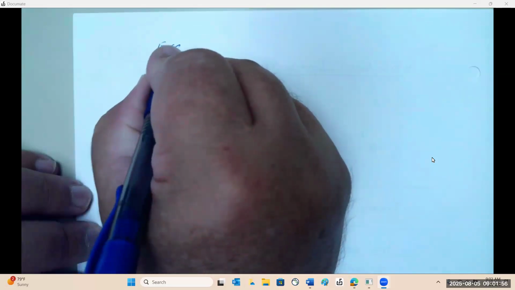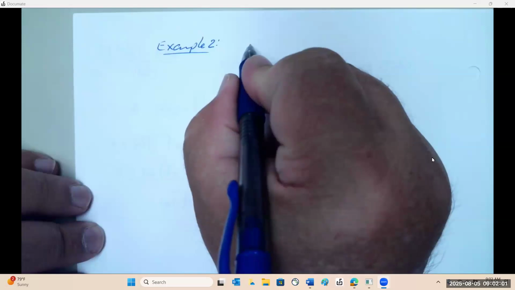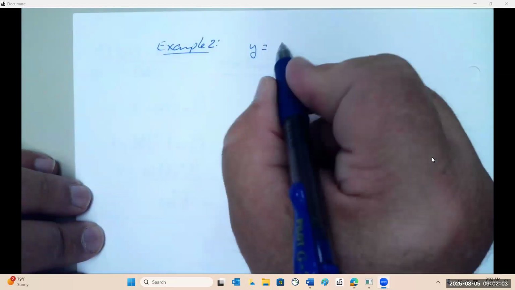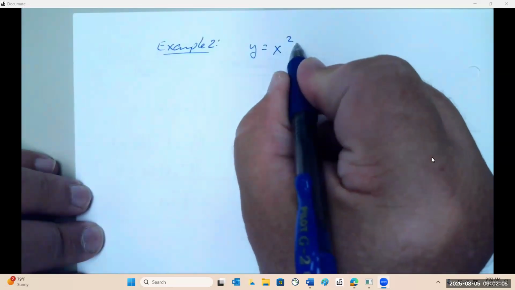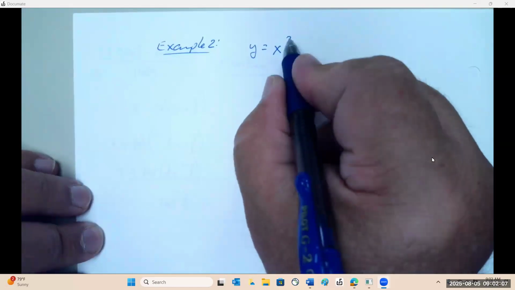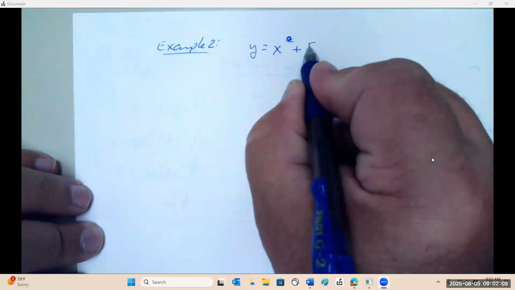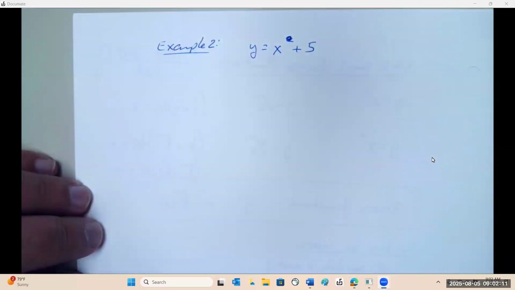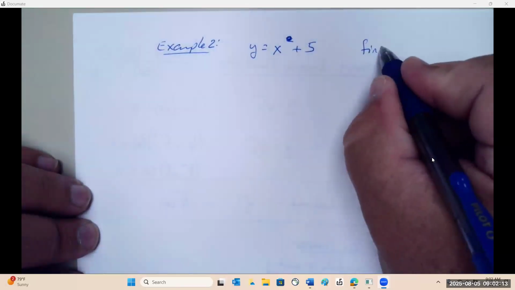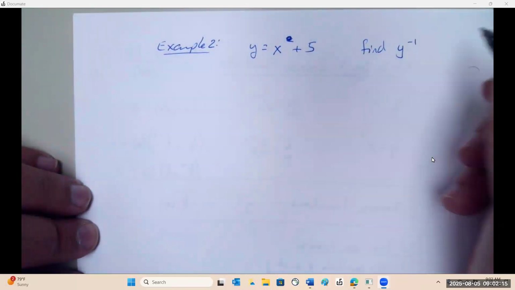Okay. Now let's find, if I give you y equals x plus 5, let's do that one first. Find the inverse.